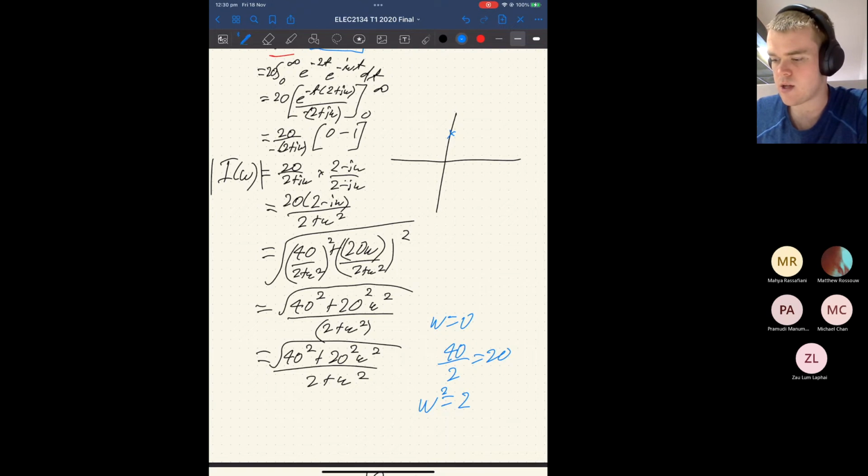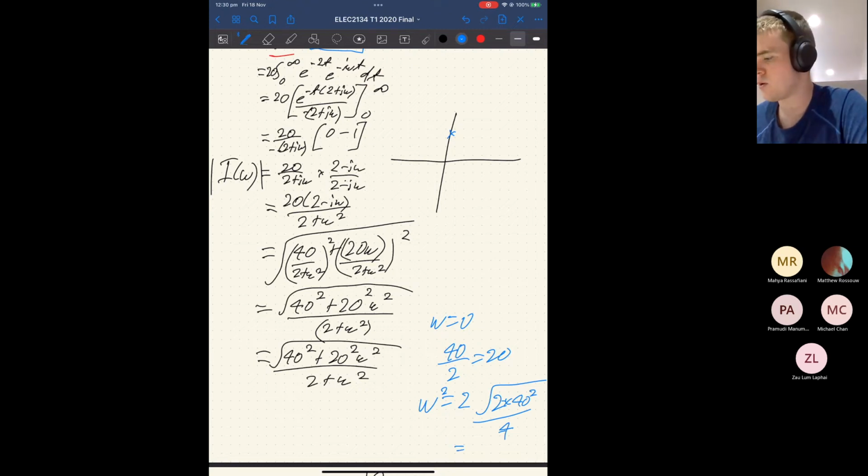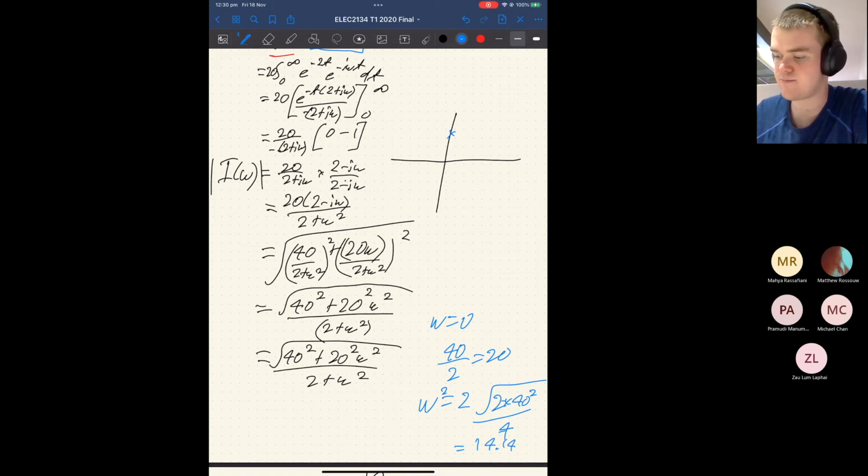So then you're going to end up with 2 times 40 squared, and take the square root of that, all on 4, which you can just plug into a calculator rather than worrying about it myself. Could probably pick a nicer number, to be honest, but it's about 14.14. So it's definitely going down.